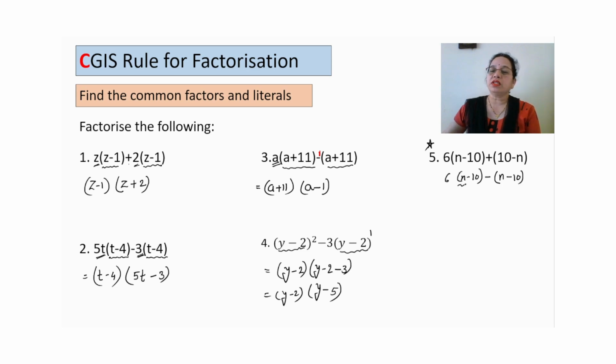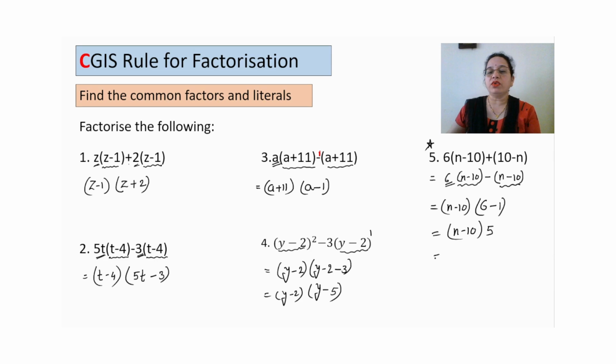Now you can see that n minus 10 is common. So write down n minus 10 common. What is left over here? 6. Which sign is there? Minus. No number is there before the bracket. It means the number will be 1. So now still we can solve this. 6 minus 1 will give you 5.